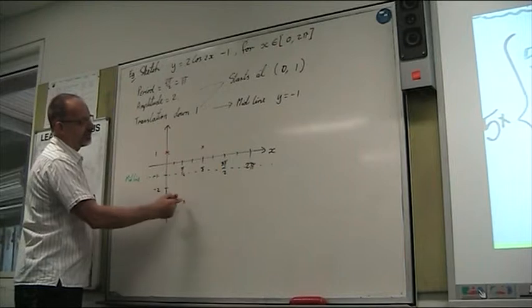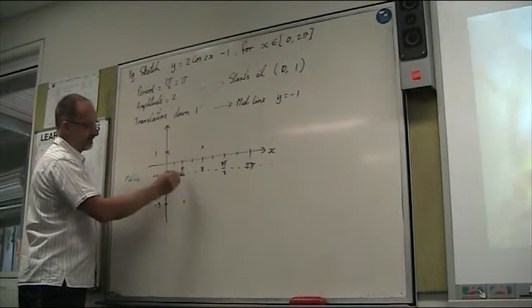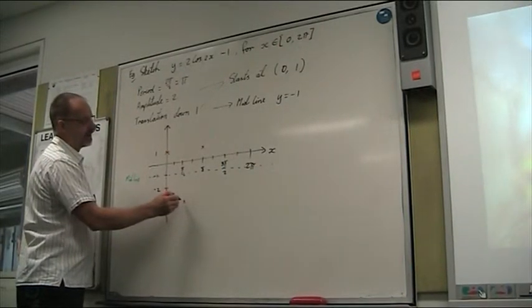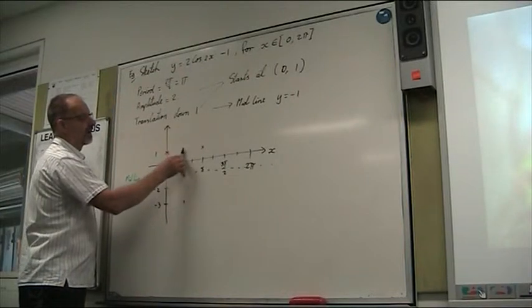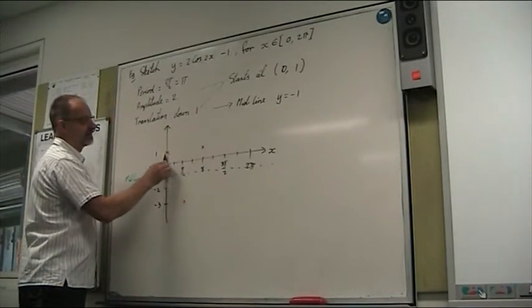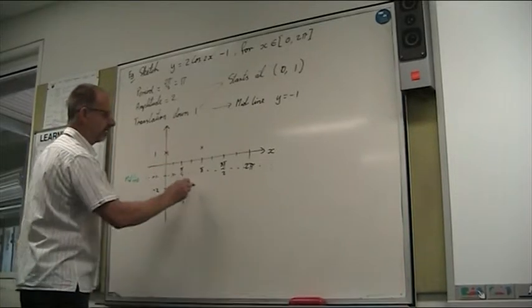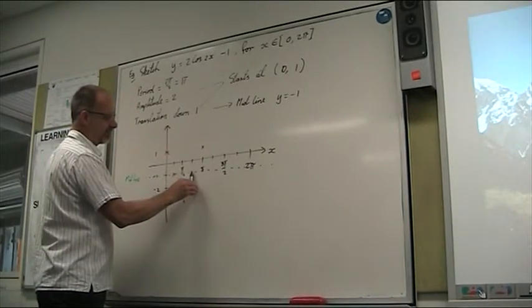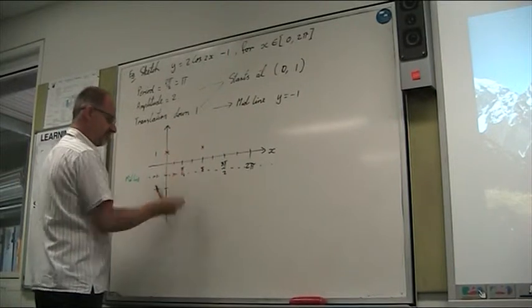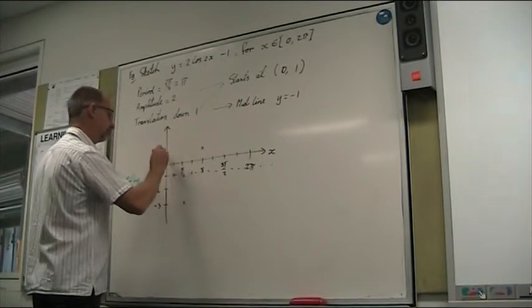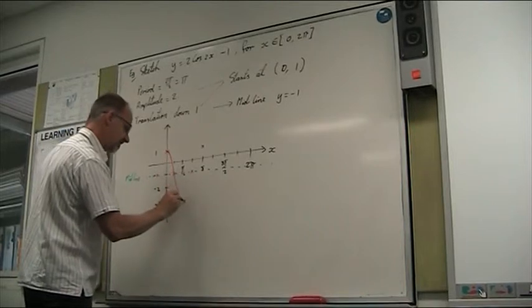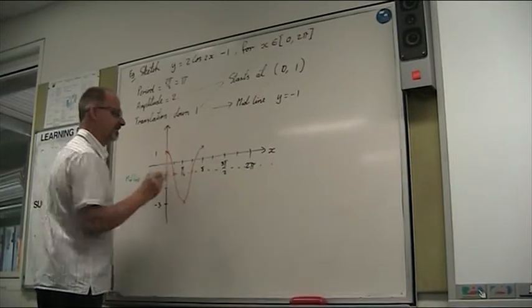It's going to cut through the midline on its way from here to here, and in relation to those, it's halfway between. So here. And then on its way up, it's going to cut through that midline again, halfway between. So here. So one cycle of it looks like that.